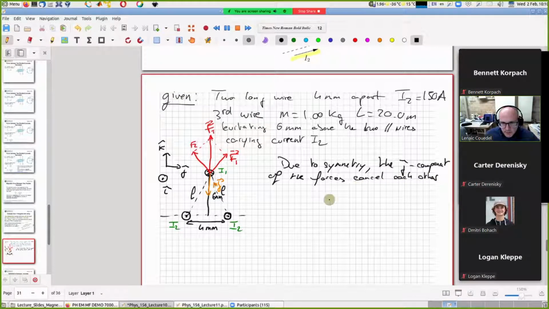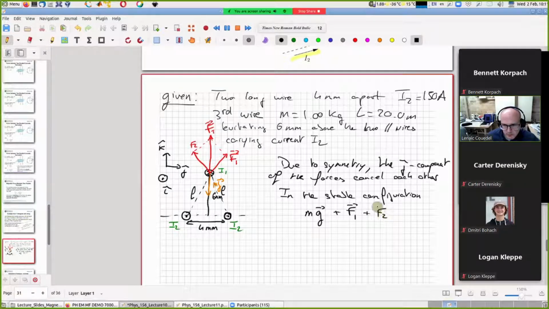So in the stable configuration, so you have a static configuration. So you have three forces acting on the top wire. So you have mg plus F1 plus F2 must be equal to 0. Okay, so the wire doesn't move.